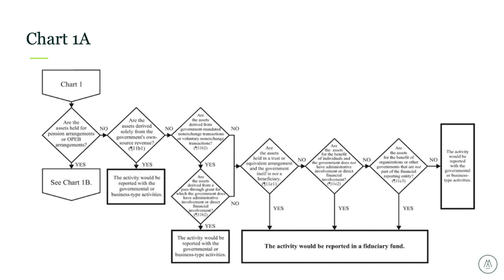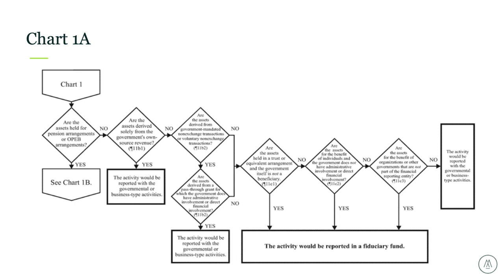So if the government either holds them or has the ability to direct the use of those assets, you get directed here from Chart 1. So as you are looking at this chart, the two questions that really need to be answered in order to determine how they're reported is, where is the revenue derived from?